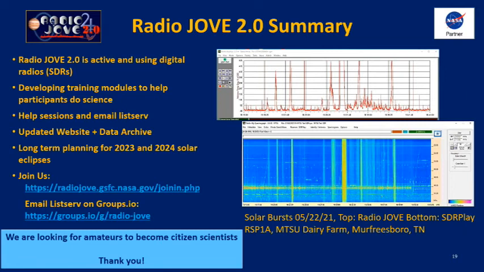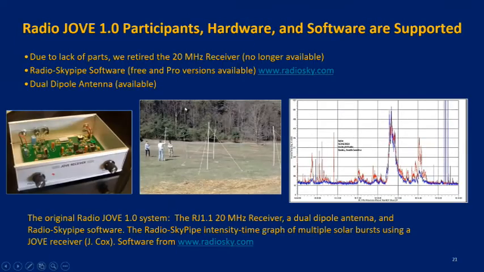And I'll end it here, kind of summarize that we've made a significant change in March. Essentially, we transitioned from the old Radio JOVE equipment, which, let me just go forward here, I'll just show you this. I have some extra slides. That's the old receiver. That one operated at a very, very narrow band at 20 megahertz, or 20.1.